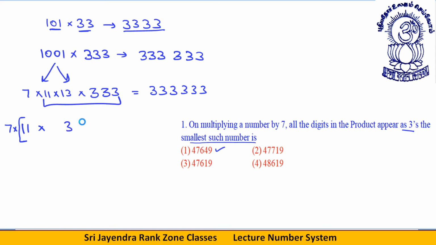This can be multiplied easily: 10 into 333 is 3330, 3 into 333 is 999. Adding, I get 4329. I think even this will be sufficient to give me the answer.